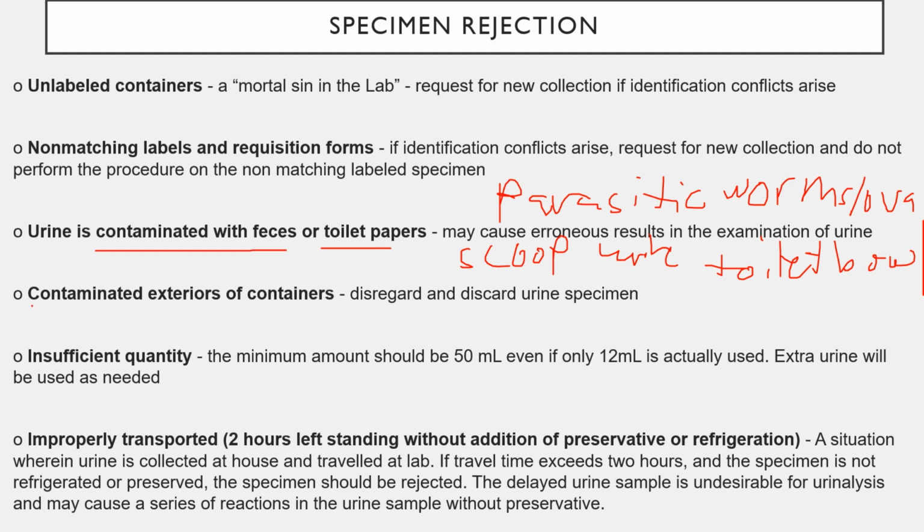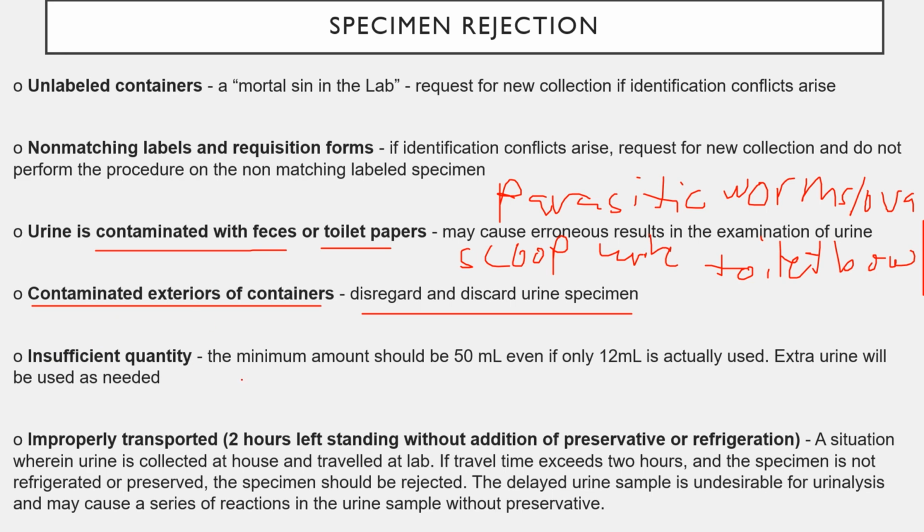Then, you also have to consider contaminated exteriors of containers. So, disregard and discard the urine specimen. So, there are patients kasi, class, they would use unorthodox or abnormal containers. Yung mga containers na nakikita sa bahay, baka ilagay sa lagayan ng pabango, lagay sa ice cream, something like that. So you have to reject those.